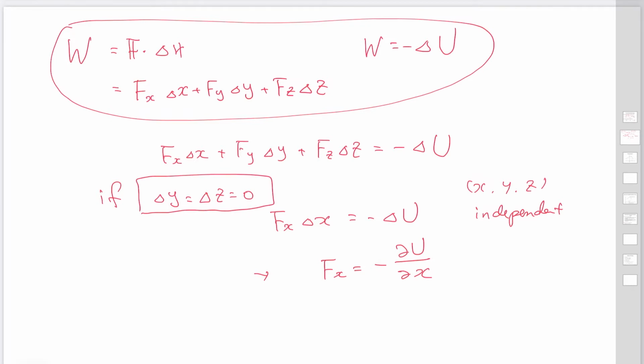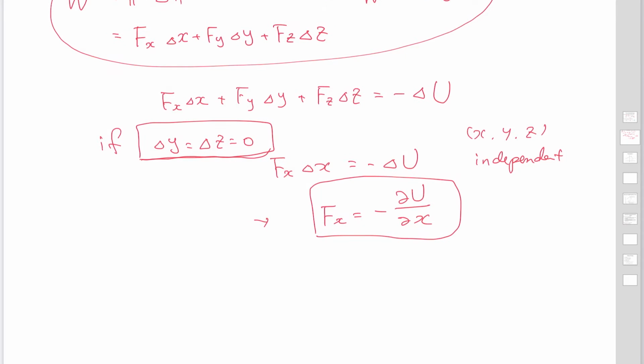From these conditions, you can easily find that F sub x should be expressed as minus the partial derivative of U with respect to x. Also using the same expressions, F sub y is minus the partial derivative of U with respect to y.